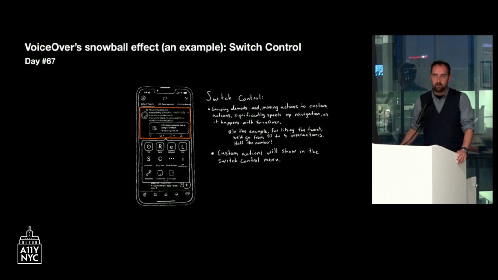So you can see how navigation is quite expensive, and by grouping elements together, it becomes a much easier experience. And then when you create custom actions, they appear in what is called the switch control menu. So there's a very convenient way to interact with all those actions from the tweet in this case.